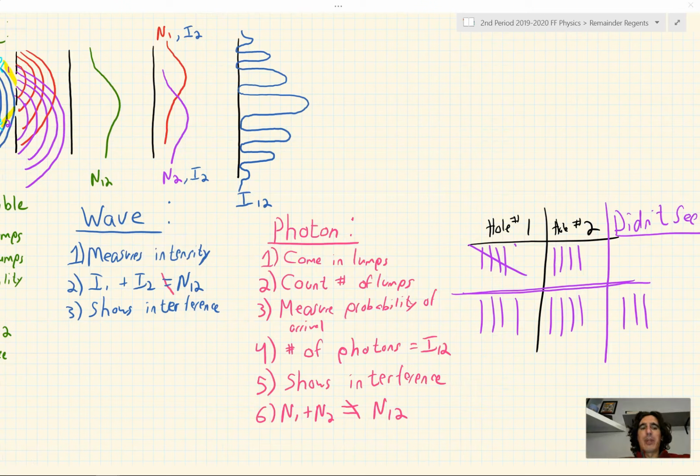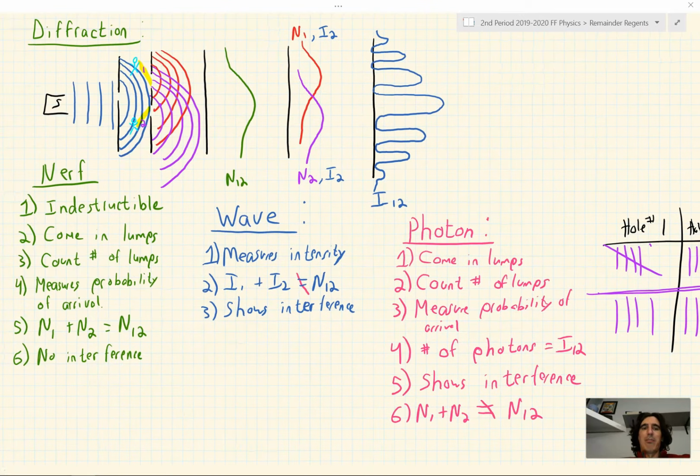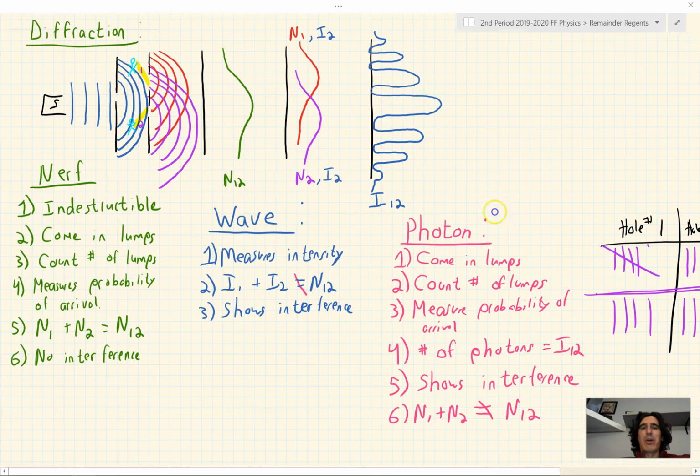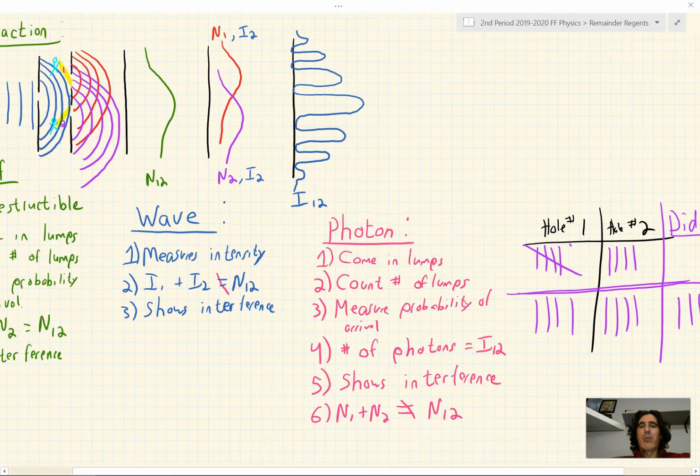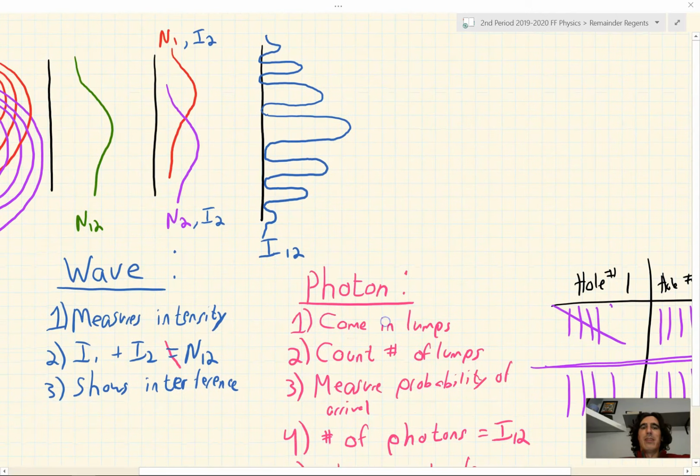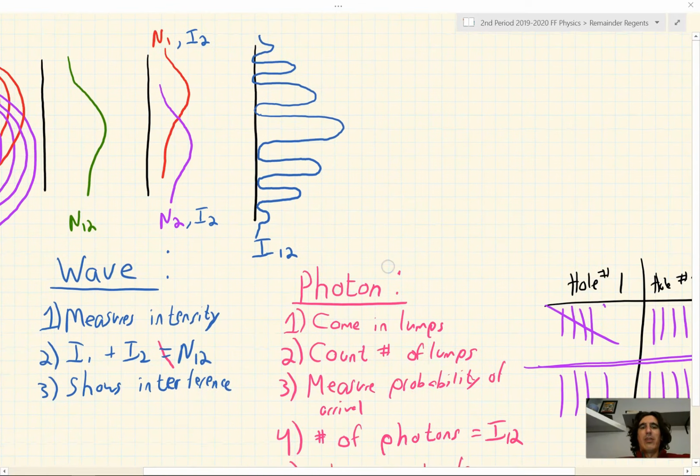There's been a ton of experiments performed to determine the behavior of light in terms of, does light behave like a particle? Does light behave like a wave? Or is it a combination of a wave and a particle? And no matter what experiment we perform, if we don't know the direction that the light travels, we're always going to get I12.